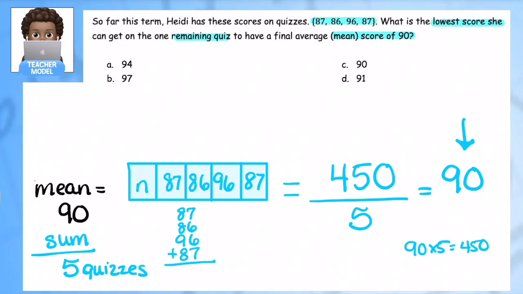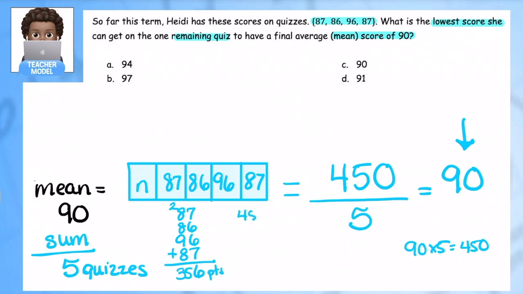How many points does she already have? 6 plus 6 is 12. 12 plus 14 is 26. 2 plus 8 is 10. 10 plus 8 is 18. 18 plus 9 is 27. 27 plus 8 is 35. So she already has 356 points.